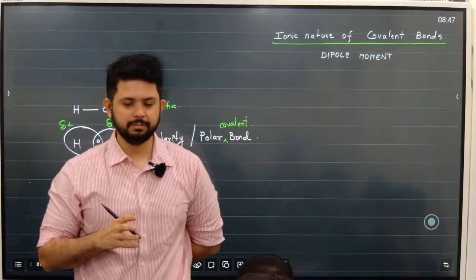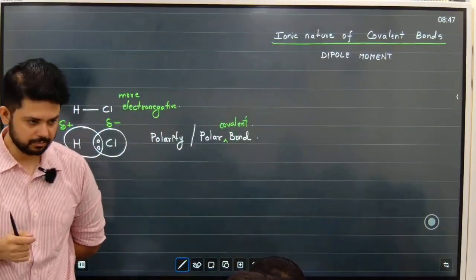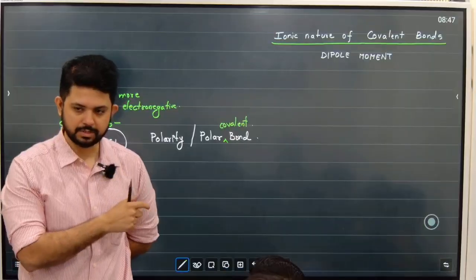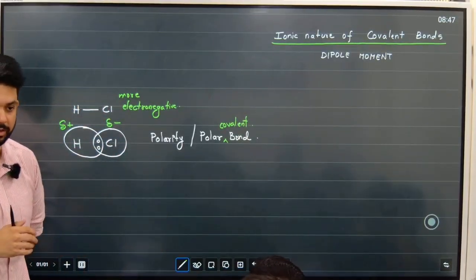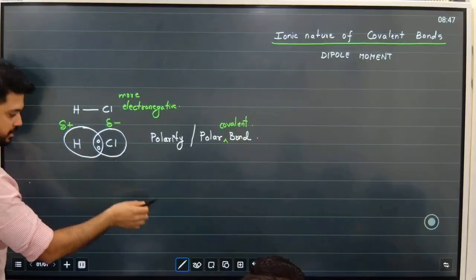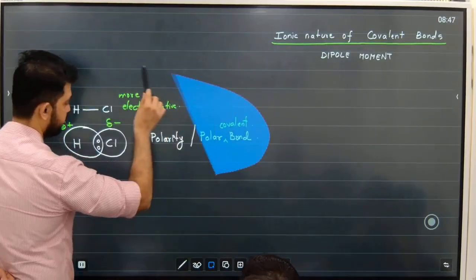And this is an extremely important phenomenon. It is one of the concepts which explains why water doesn't mix with oil or oil doesn't mix with water, because of the difference in the nature of their polarity.